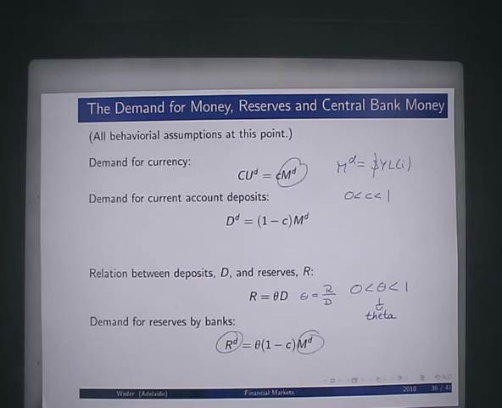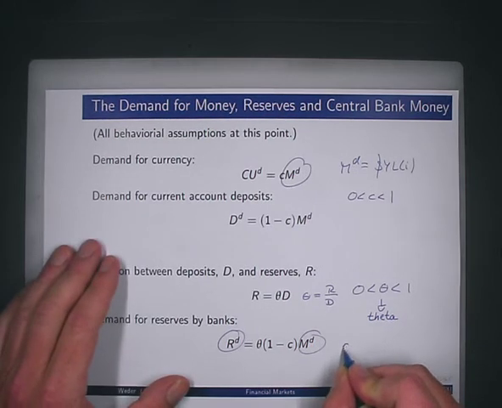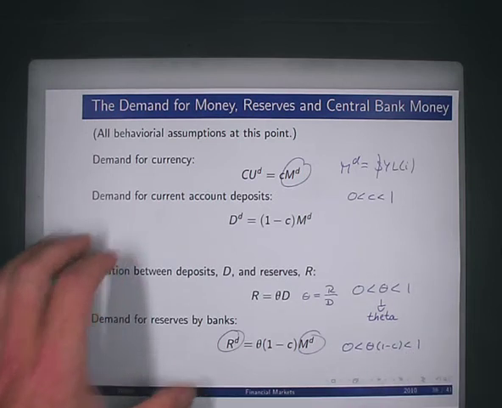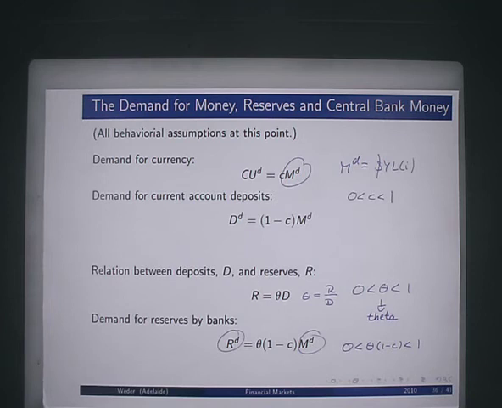That's how the reserve demand by banks is related to the overall money demand. Of course, since theta and c are between 0 and 1, we know that the product of these two numbers is also between 0 and 1.